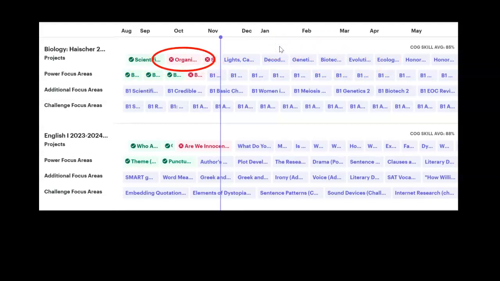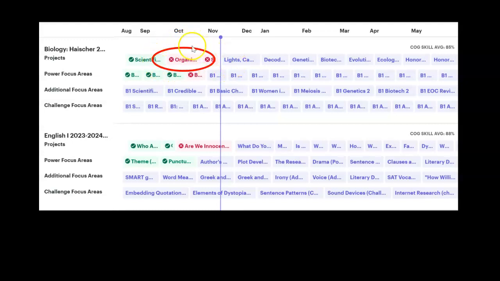Now for red, this is starting to give me a little more information. This red unit means that the student has incomplete work that they need to finish. And since this blue line has far past this red unit, it means that that student has been missing this work for a while.